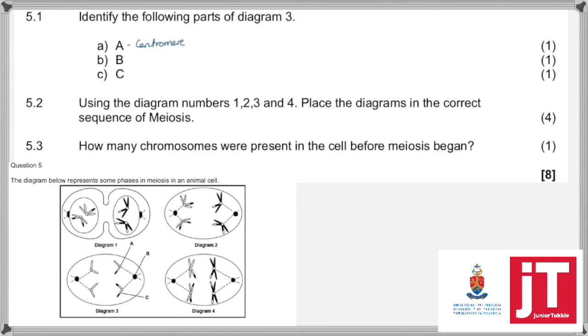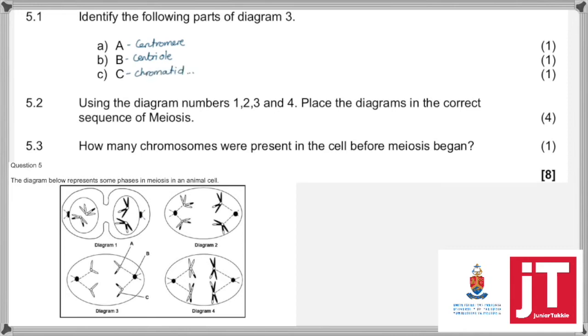If we look at A, we should have identified A as the centromere of the chromosome in the case of diagram 3. Label B is going to be the centriole, which is going to hold the spindle fiber pulling onto the centromere that we see in diagram 3.